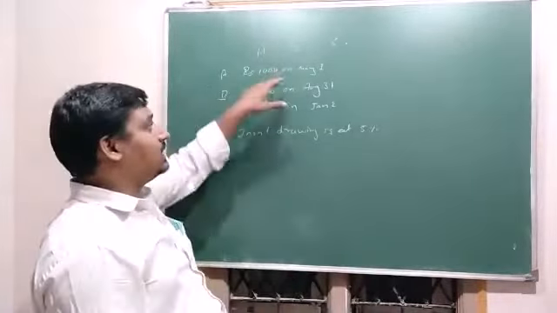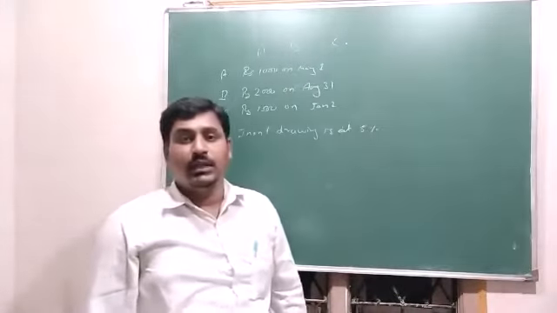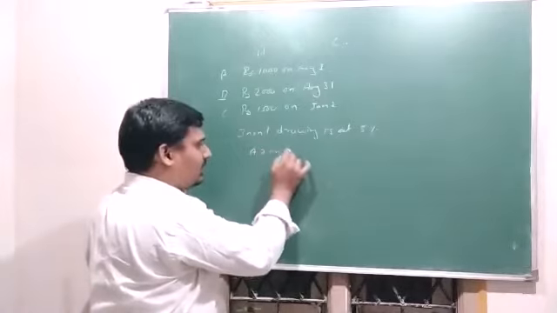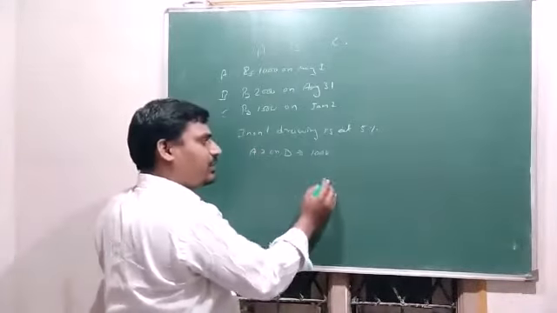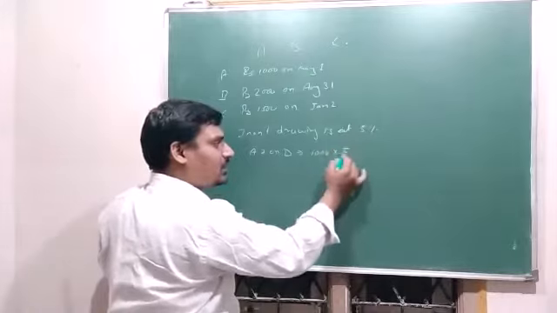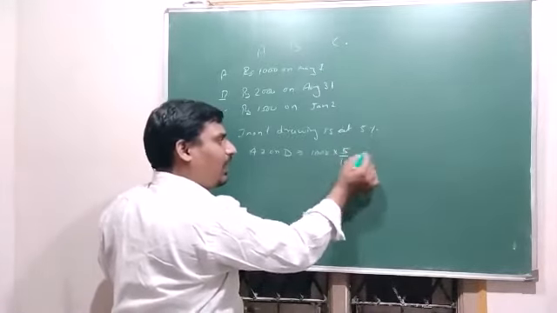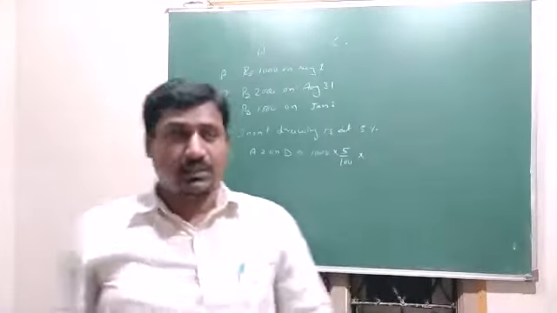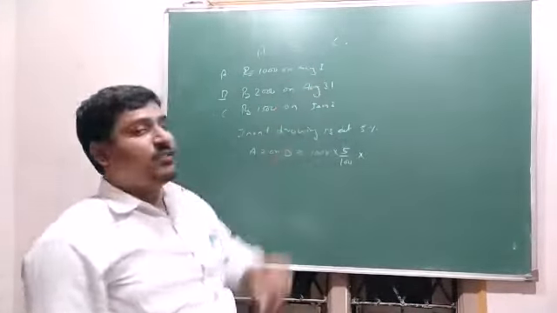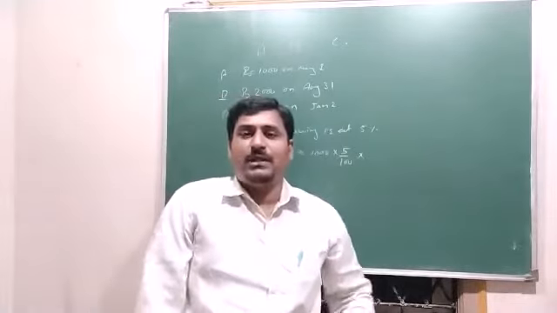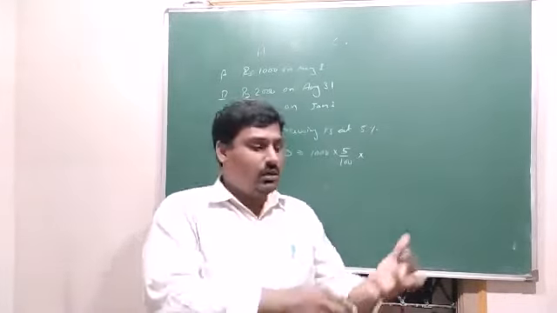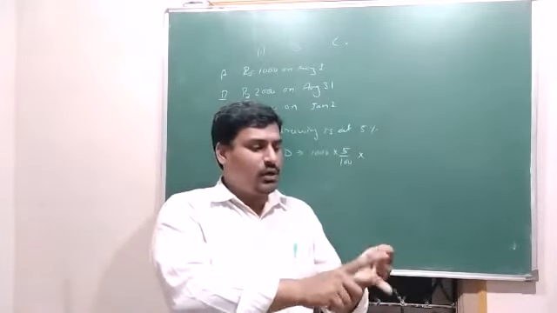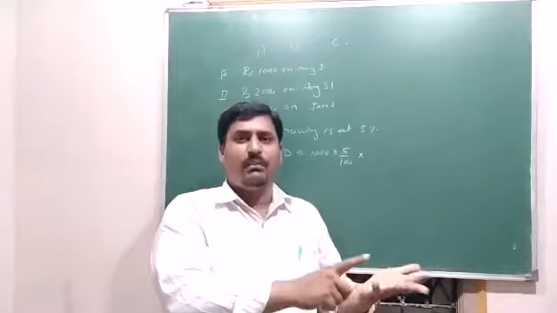So on A's drawings, 1000 rupees he has withdrawn and the rate of interest is 5%, 5 divided by 100, and for how many months? That amount is not there in the business. He has withdrawn on May 1st. May 1st means beginning of the month, count that month also. So May, June, July, August, September, October, November, December, January, February, March.